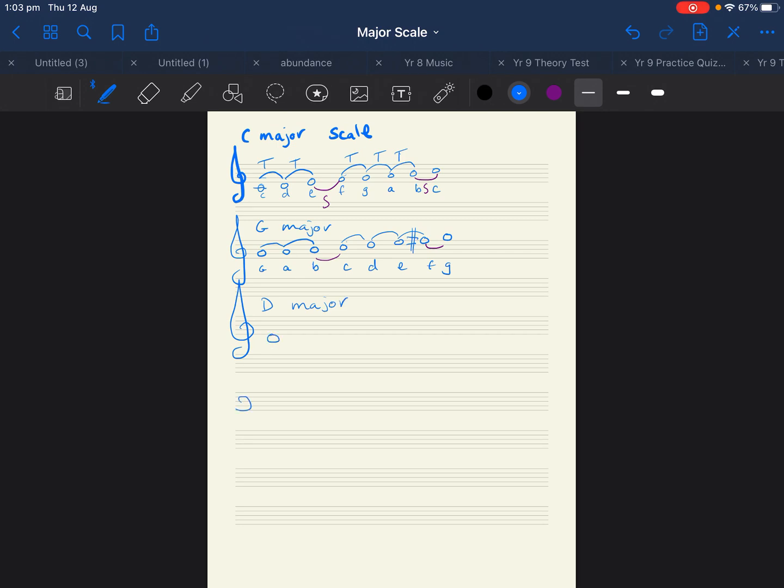And you're going to find out A major, which starts here. Right, and then the last one is F major. Let's see if you can figure out what those key signatures are and what the structure is.